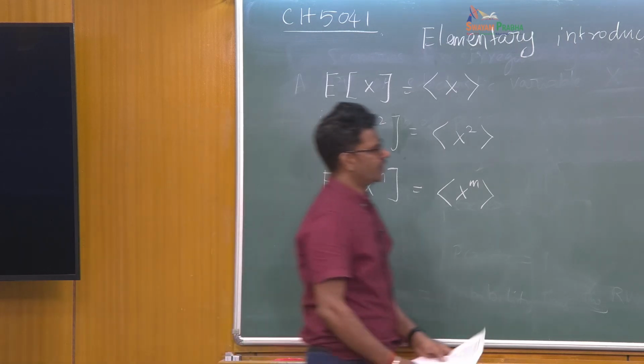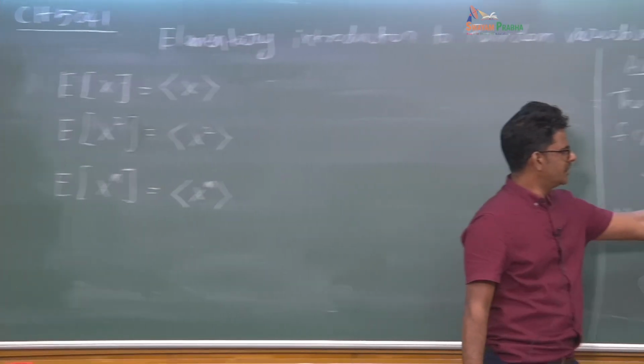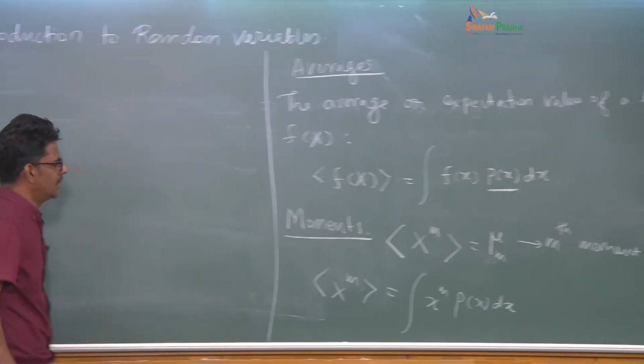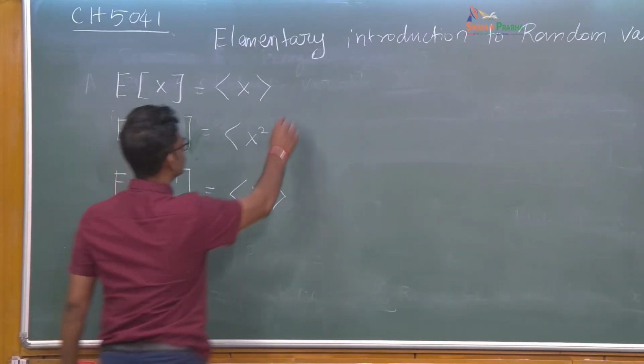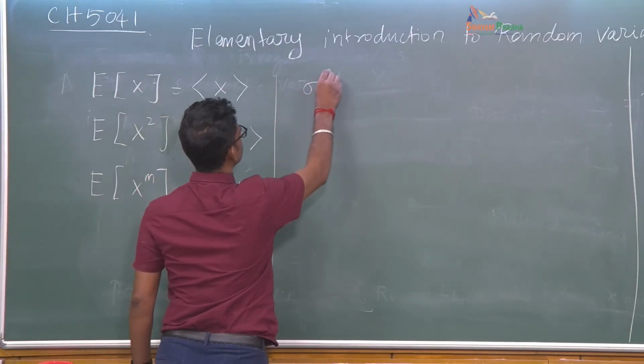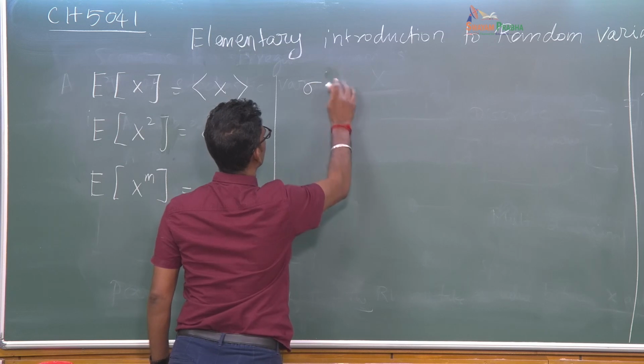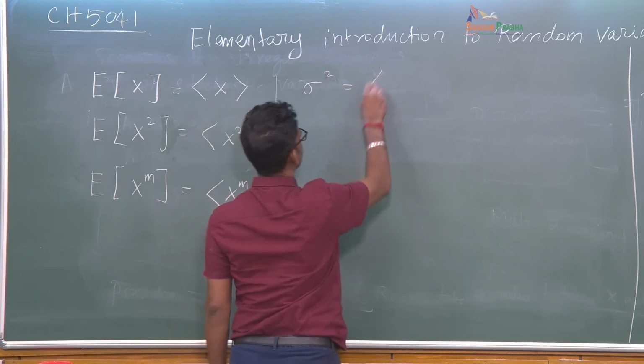So here, for a given random variable, once we know the distribution function, we can get the mean value, and we can also find the variance sigma square.